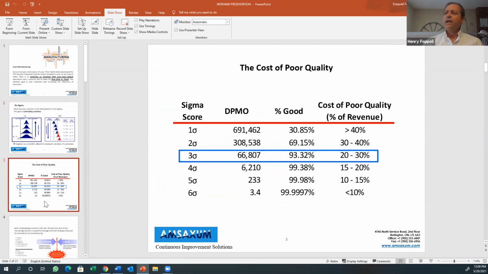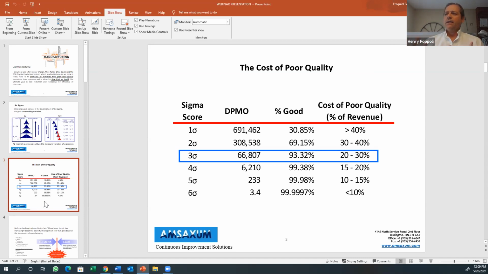So in the next slide, we see an indication of some of the costs that you can expect with that poor quality, and as a result, you can expect to improve those situations and obtain financial savings.